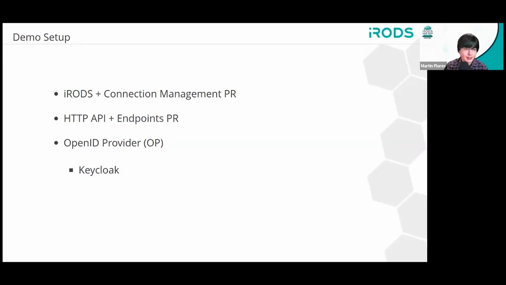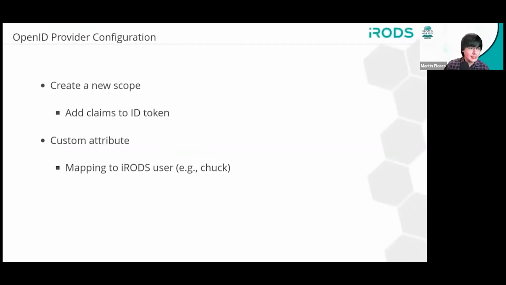For the HTTP API, we're particularly going to be going over some additional configs that are specific for OpenID Connect. And we also are using an OpenID provider. In our particular case, we're using Keycloak, but the specific provider doesn't really matter. Any OpenID provider will be perfectly valid. There are some additional configurations that we need for that, so we can have mappings. You'll see shortly for the OpenID provider.